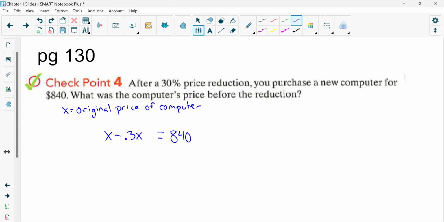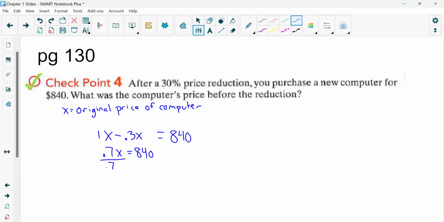So I have my original computer price, and I'm subtracting 30% of that price. So 1 whole minus 0.3 would be 0.7x. So you're paying for 70%. If you right away wrote 0.7x because you were thinking, oh, I'm still paying 70% of the cost, you could do it that way also. But this is saying 100% of the price of the computer minus 30% of the price of the computer is going to be $840.